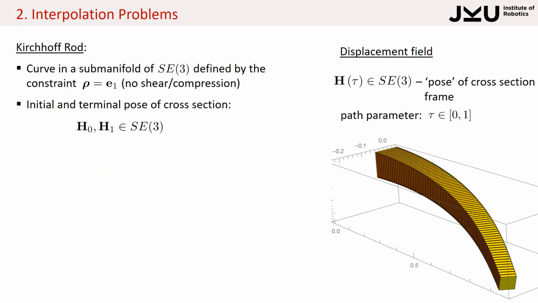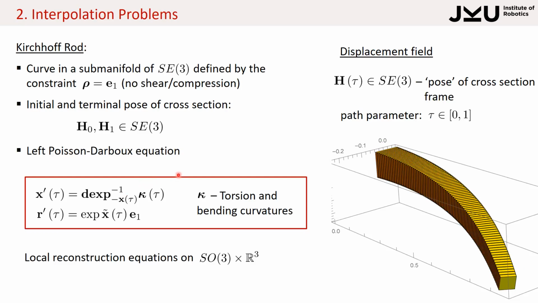The Kirchhoff rod is then a special, or let's say a constrained version of the Cosserat-Reissner rod, in the sense that we have to satisfy a geometric constraint, which simply means that the shear and compression is non-existing, which means that this vector rho that we had at the beginning is equal to the unit vector E1 if you have the frame oriented accordingly.